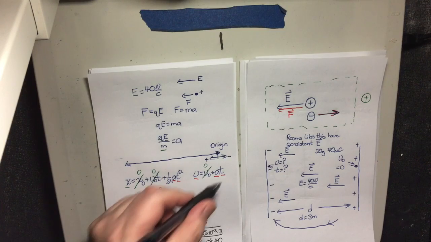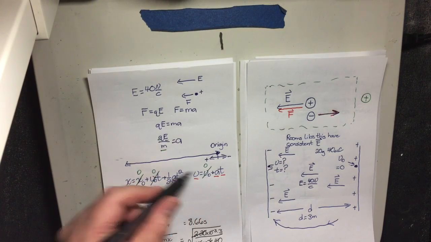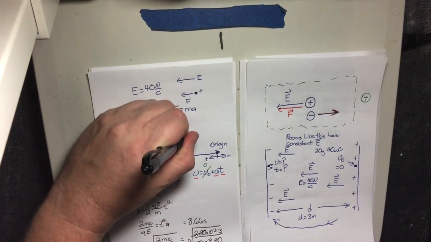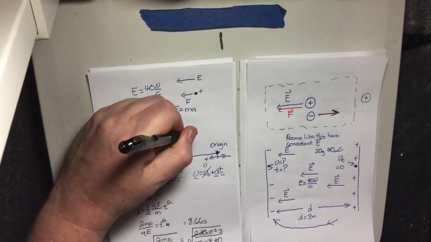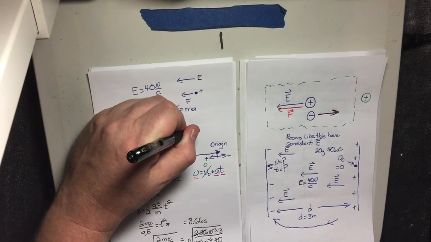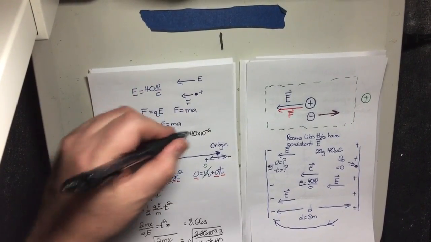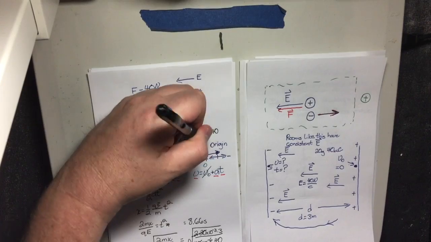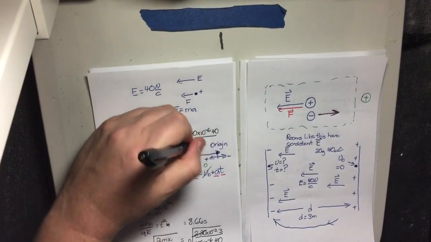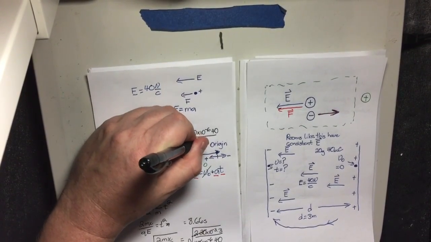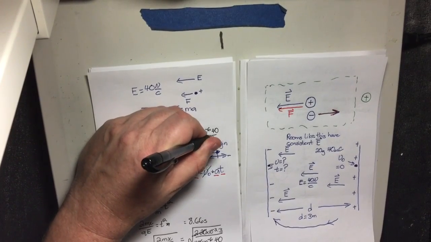Now that t is a known quantity and we effectively know what a is, let's get a if I asked for the acceleration. That would be 40 times 10 to the negative 6 divided by 20 times 10 to the negative 3.